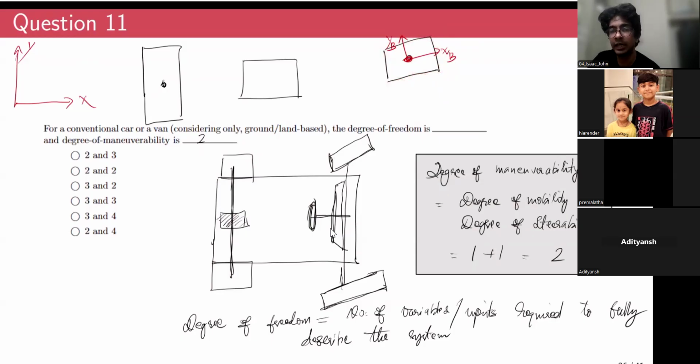So in essence, we need three variables. So that makes the degree of freedom of a conventional car or a van to be 3. So I hope we can all agree on that. Or if you are not convinced with my reasoning, please let me know. I can probably do better.